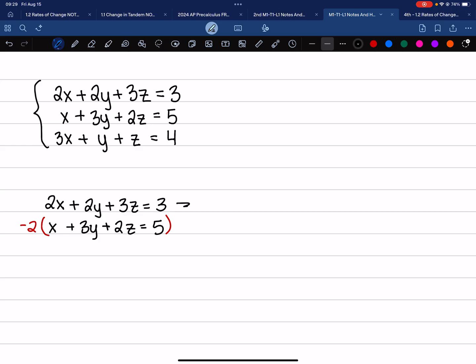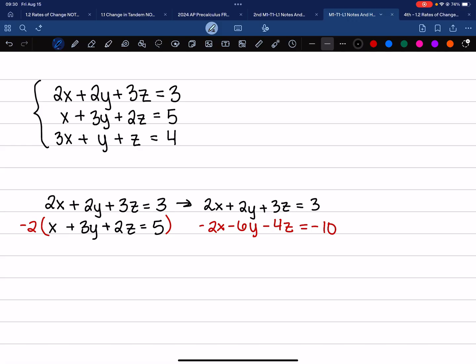This first equation stays the same, 2x plus 2y plus 3z. And the second equation, we have to distribute that -2. So we get a -2x, a -6y, and a -4z, and it's going to be equal to a -10. And I just realized I didn't finish writing this. On top, it equals 3.